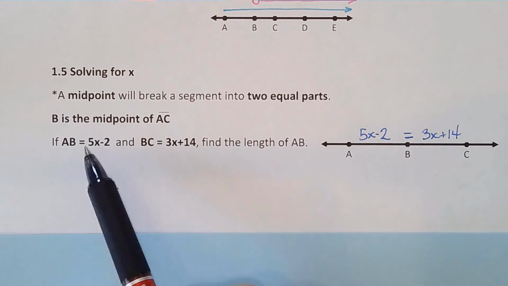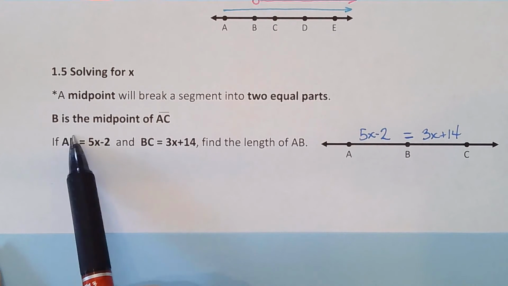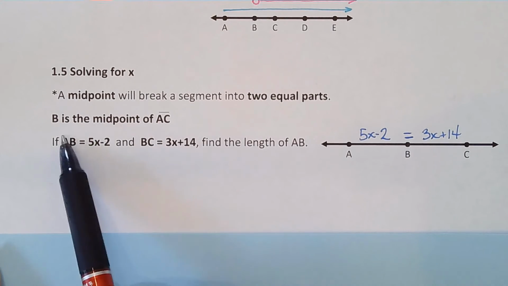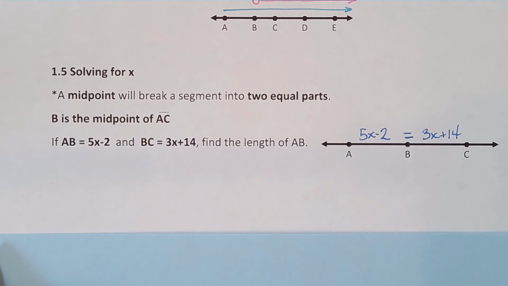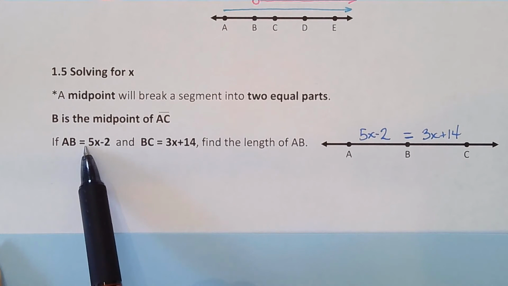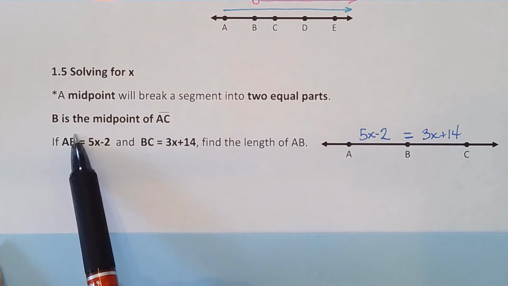Okay. Now, some of you also might look at this and go, oh, wait a minute, Mrs. Durr, how come you don't have the segment symbol above AB and BC? Aren't those segments? Shouldn't we have the segment symbol? And if you remember from the notes this past Monday in class, and I know I wasn't there, but it was shared with you, when we're talking about the length, or if you're given an equation like that, we don't need to use that.